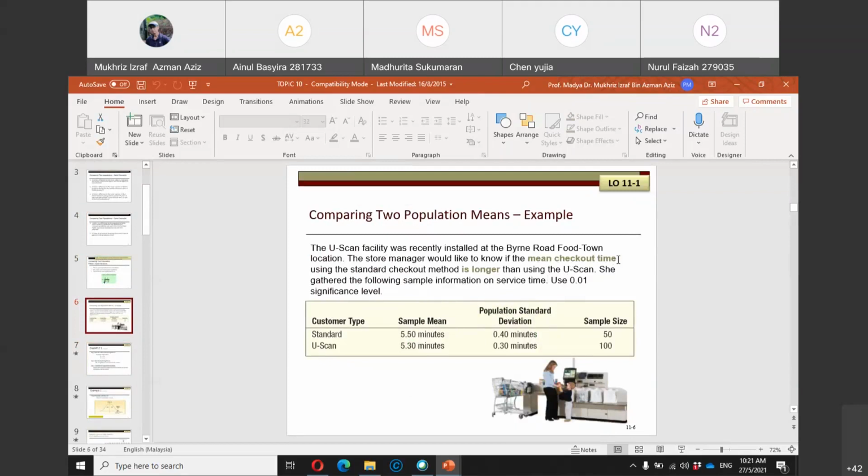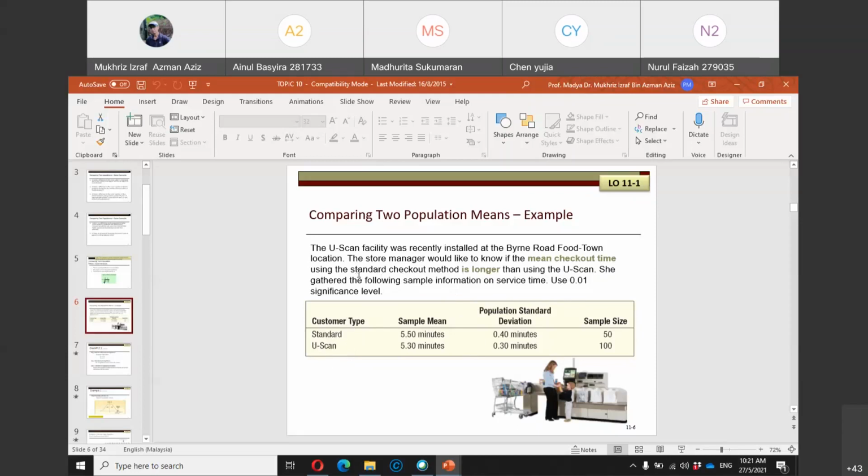If you go to any grocery store nowadays, whether a big one or a smaller one, especially the big macro style like Tesco, you can see that most of them are using the barcode system. So they want to see if the old method, the standard method, versus the new scan method, is longer.